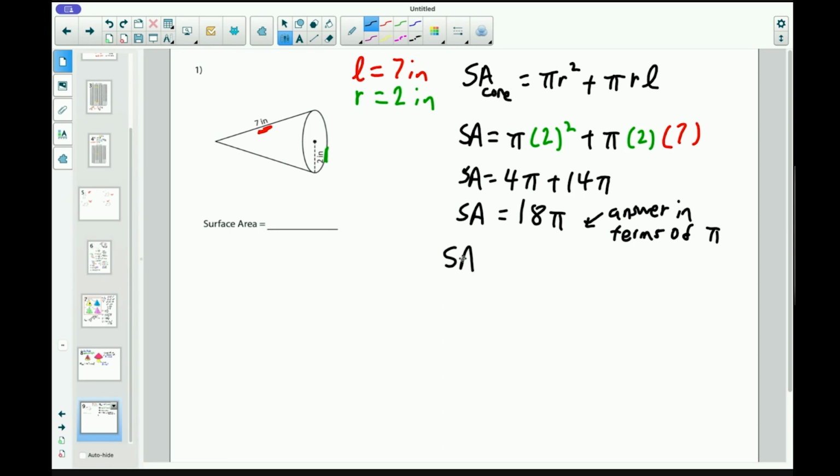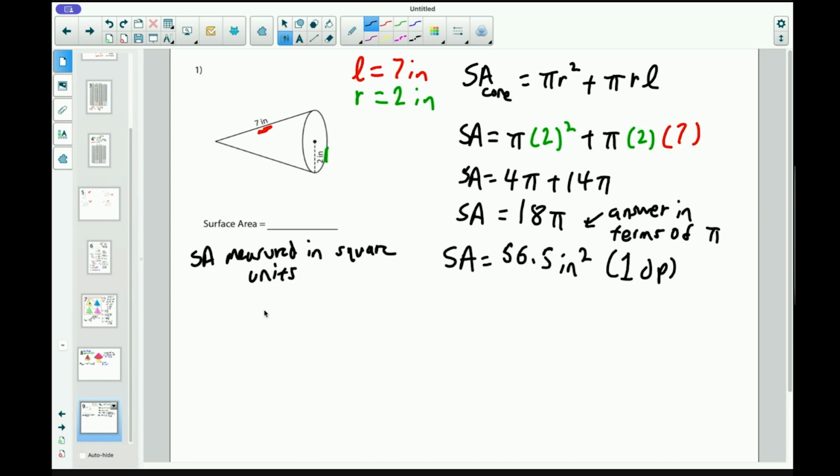I just like one decimal place, so 56.5 inches squared to 1 decimal place. And remember, surface area is measured in square units.